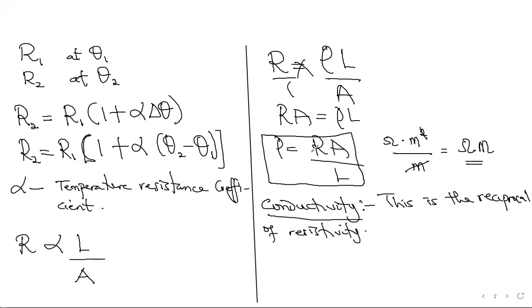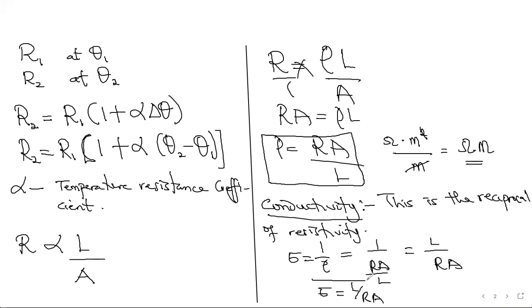So if I recall the relationship for resistivity, I can write for conductivity sigma equals 1 over rho. Substituting the equation for rho, I will have 1 over RA over L. Rearranging, I will have L over RA. So sigma equals L over RA.